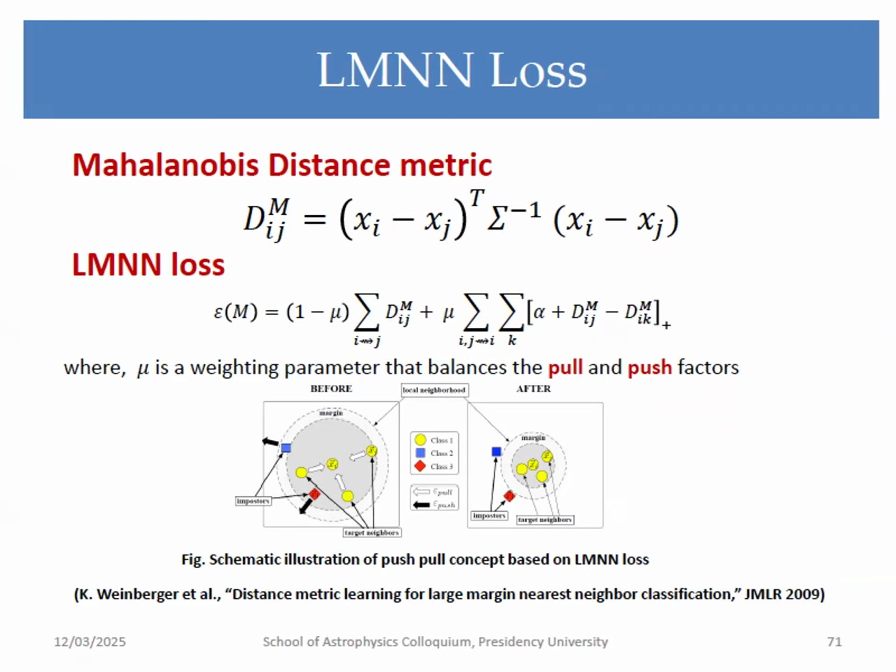So what we want to do is put the blue and red samples, which are from different classes, apart. The main thing is that when you do a push-pull, this is the Mahalanobis metric.